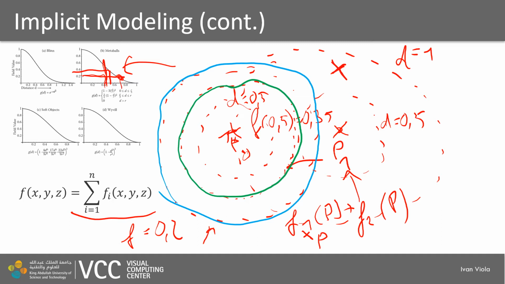So let's draw around the P1 also 0.7, which is somehow something like this. And now we can see that the 0.7 is drawn here like this.